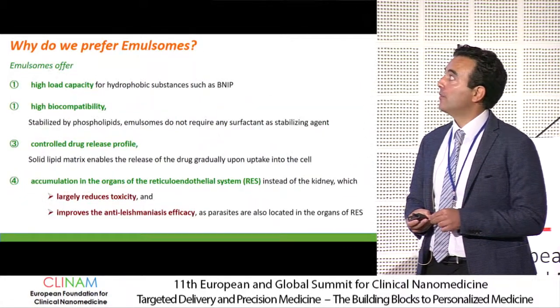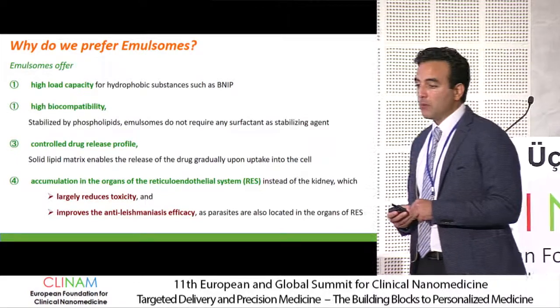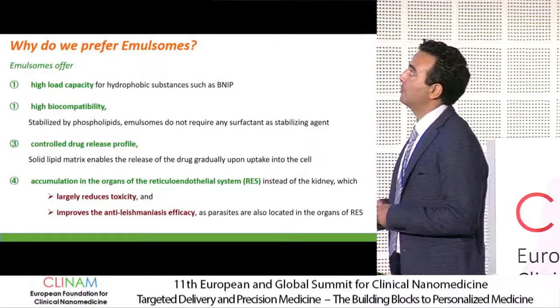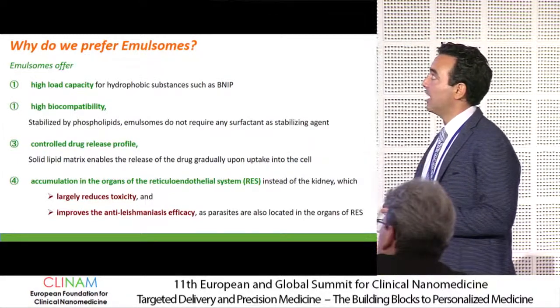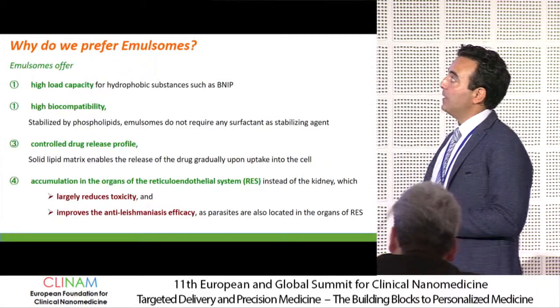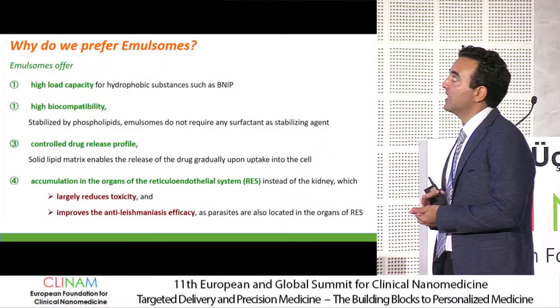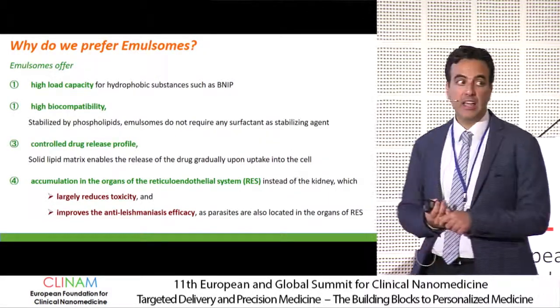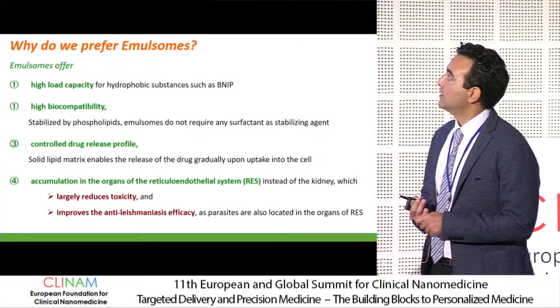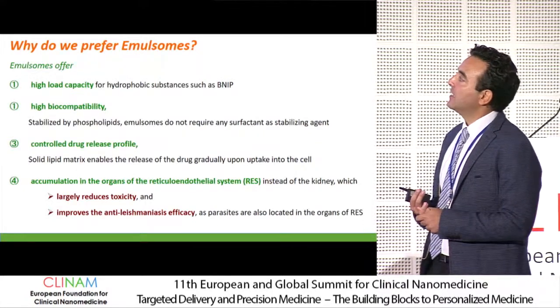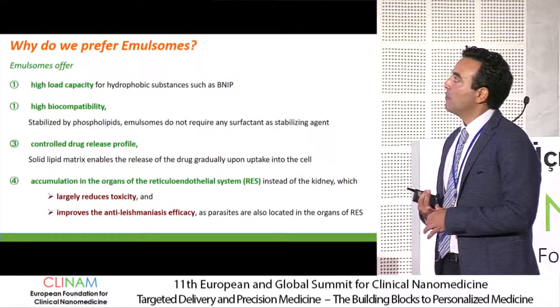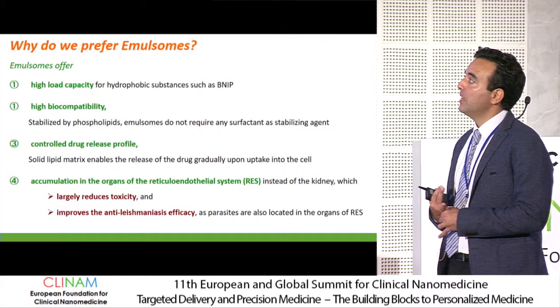So, why do we prefer emulsions? First, the emulsions offer high load capacity for hydrophobic substances such as BNIP. Stabilized by phospholipids, emulsions do not require any presence of surfactants as stabilizing agent, which makes them highly compatible. The solid lipid matrix enables controlled release of the drug gradually upon uptake into the cell.